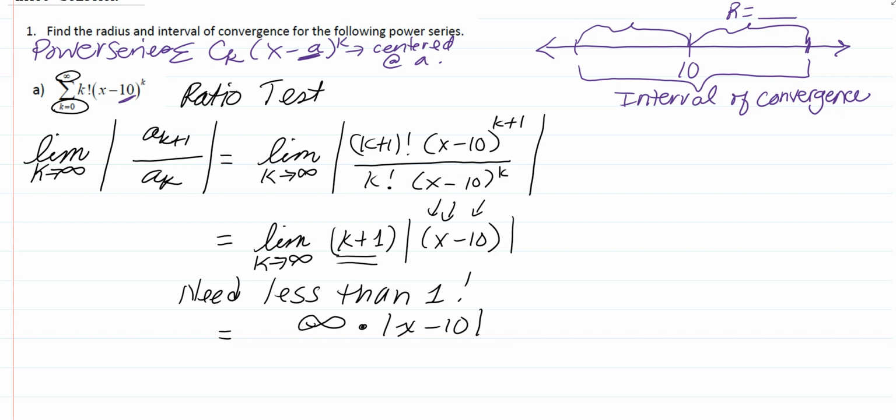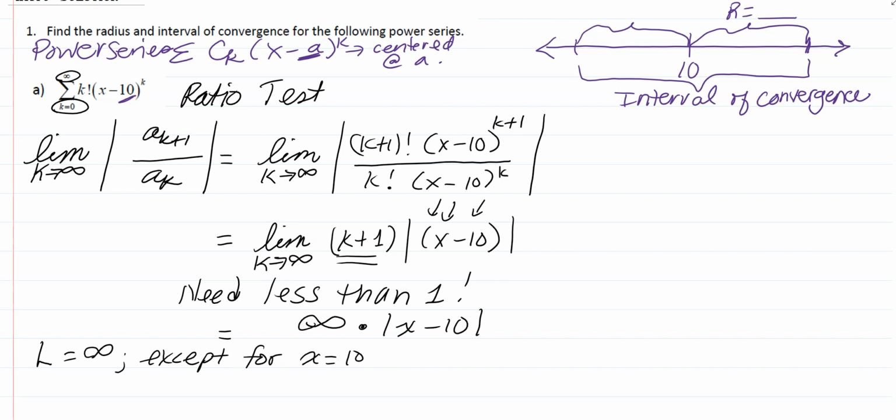So this limit L is a big number except at x equals 10. If x is equal to 10, then that limit is 0, which is less than 1, so your series will converge.